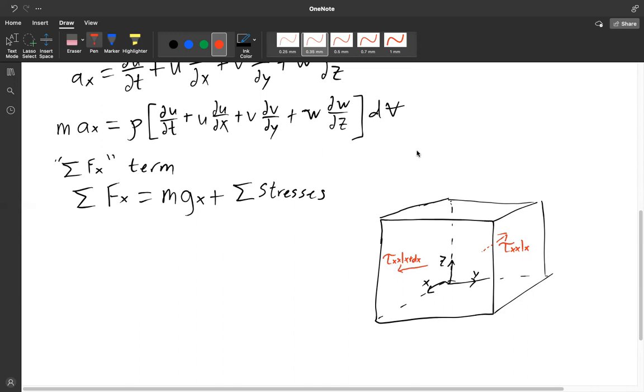Basically, if we're taking a look at tau ij, the i term is the face that the force is acting on, and j is the direction of the force.